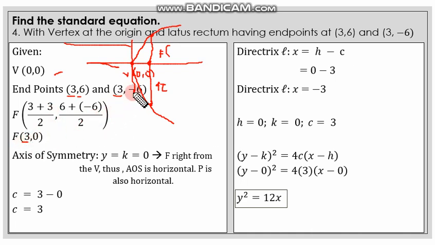And then also the y's, 6 and -6: 6 plus -6 is 0, 0 divided by 2 is 0. So our focus is at (3, 0).